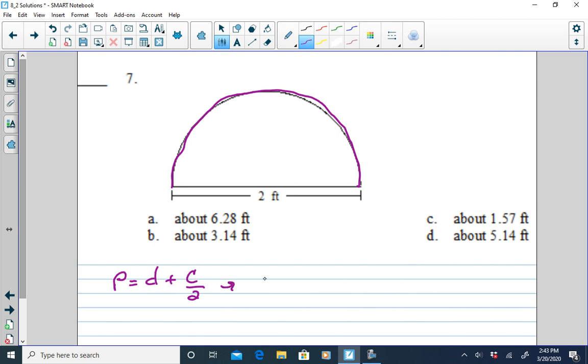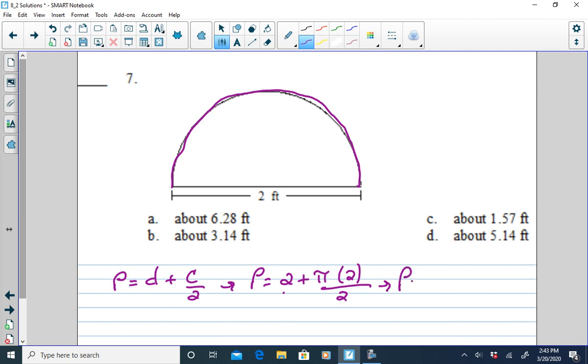So let's do some substitution here. The perimeter is going to be equal to the diameter, which is 2, plus the circumference. Well, the circumference is pi times the diameter, which is 2, but we only need half of that distance, so we're going to divide that by 2.